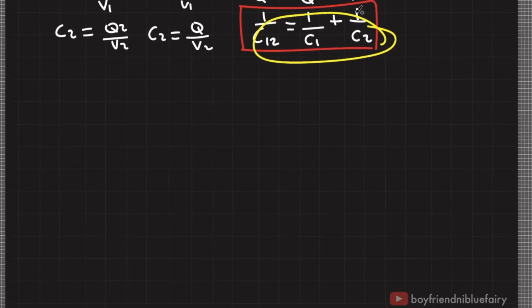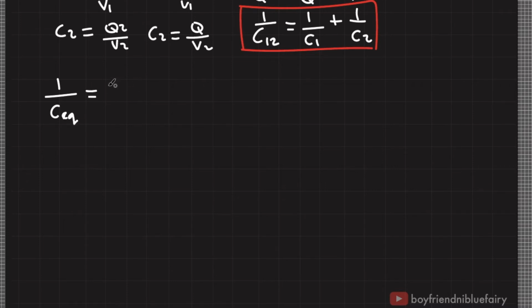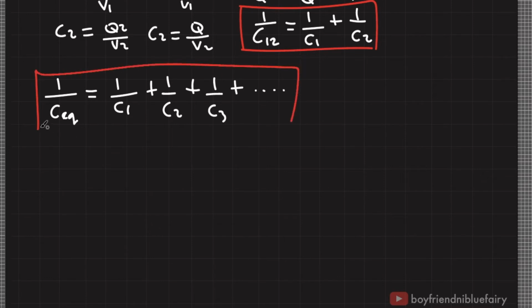To generalize this expression, if we represent the equivalent capacitance of capacitors in series with C sub EQ, then 1 over C sub EQ equals 1 over C sub 1 plus 1 over C sub 2 plus 1 over C sub 3 and so on.